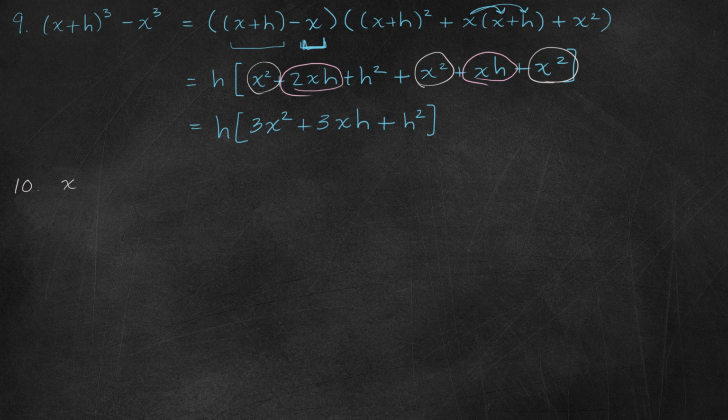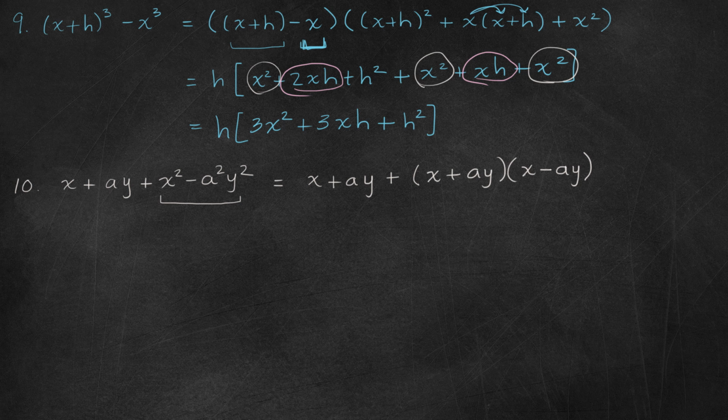Number 10, we want to factor x plus ay plus x squared minus a squared y squared. Notice that these two terms are the difference of two squares. So let's factor that part of it. x plus ay plus, then we have x plus ay times x minus ay.